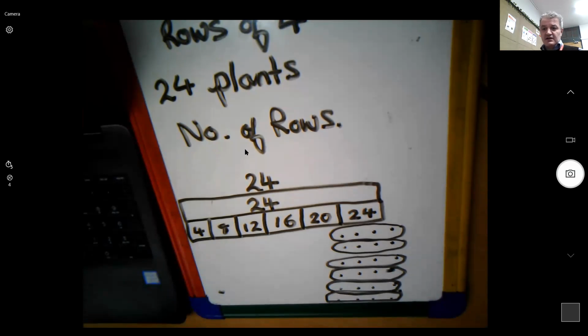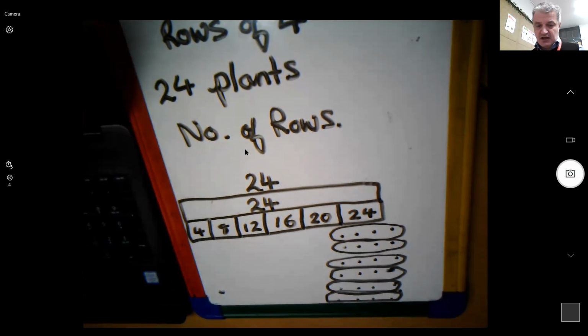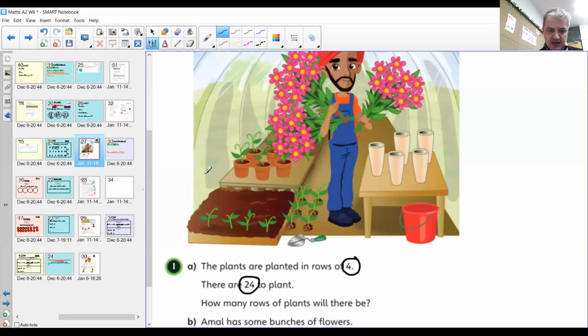It's a really good way for children to visualise questions and problems. Okay, let's go back on the screen. So how many rows of plants will there be? There'll be 6 rows of 4.